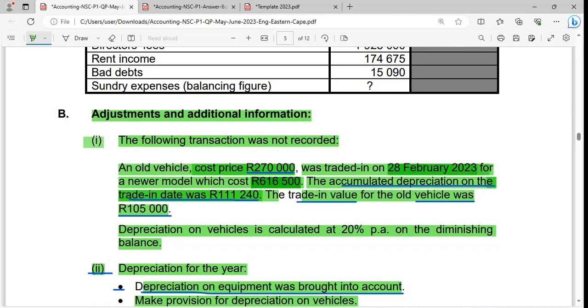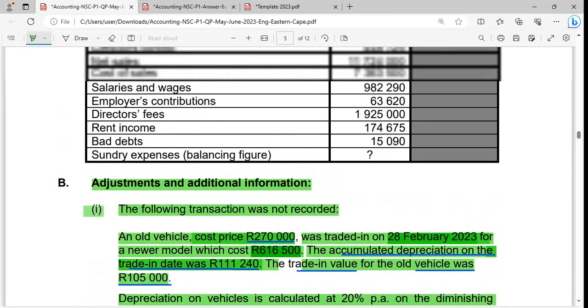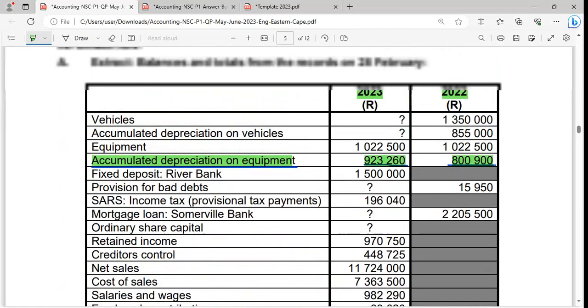So that is the last day, so we will not account depreciation for that one. So we must check the old vehicles and what they cost. So we are using the diminishing balance method, and we know the formula.